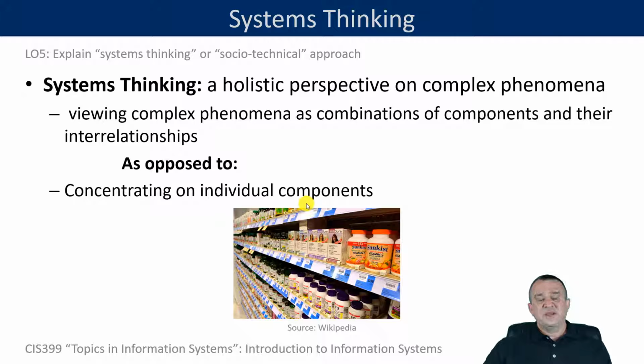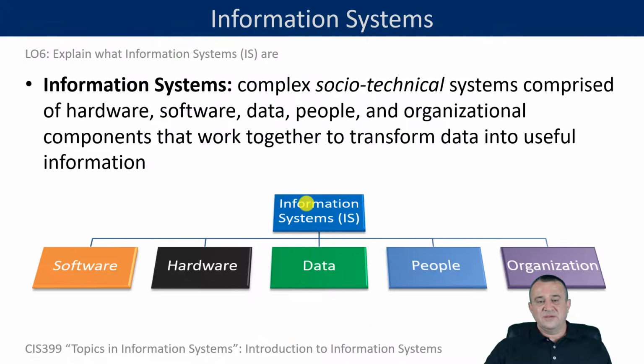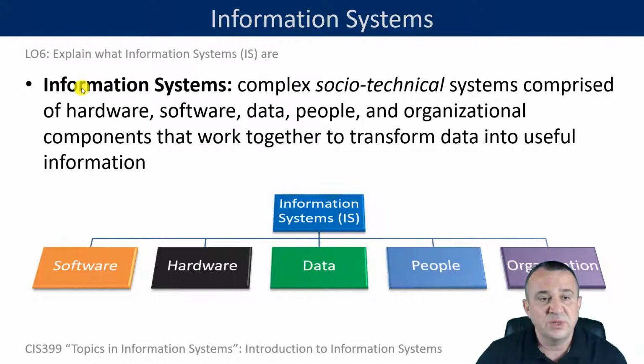So having defined information and system thinking, now let's discuss the overreaching, the most important definition of information system that we'll have in this lesson. So here we define information systems as complex socio-technical systems. By socio-technical, we mean that those systems have technical components such as software, hardware, and data, and also non-technical components, right?